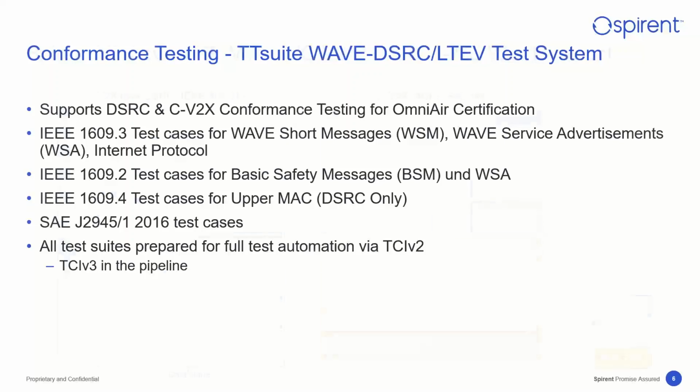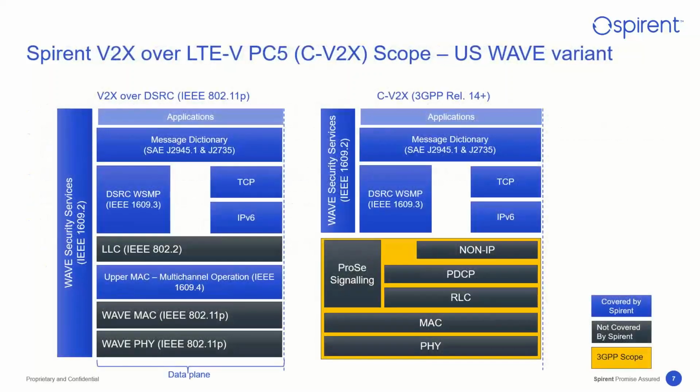A bit more detail on that, looking at it graphically. You have here on the left-hand side the DSRC protocol stack illustrating our coverage. What you can see here is that we don't cover the lower MAC and the file layer. That's simply not our area of expertise.